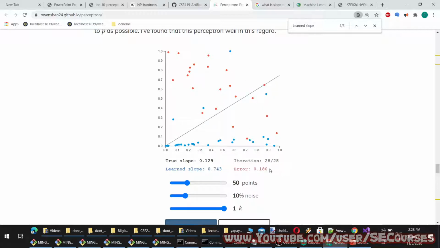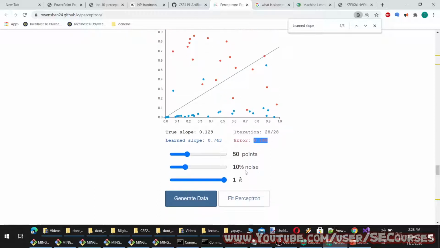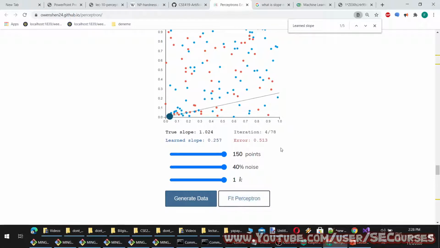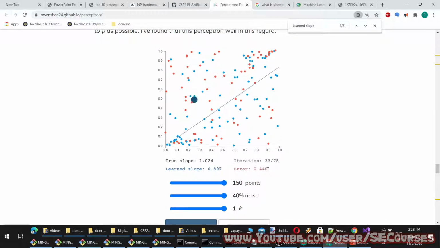Okay, so it has finally found the 0.180 with 28 iterations. Let's make the noise like this and make like this. Okay, so you see now it took 78 iterations, and I wonder what will be the final error rate.